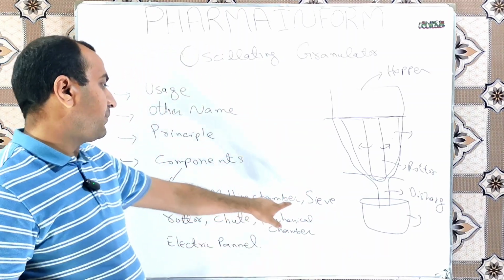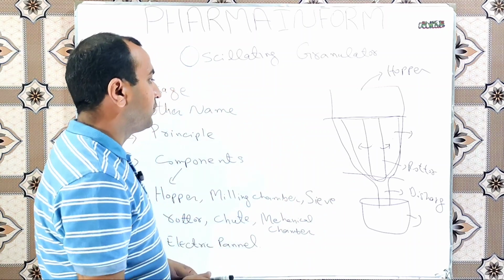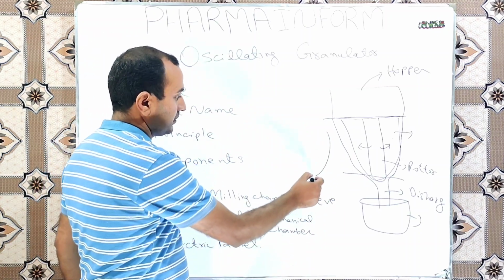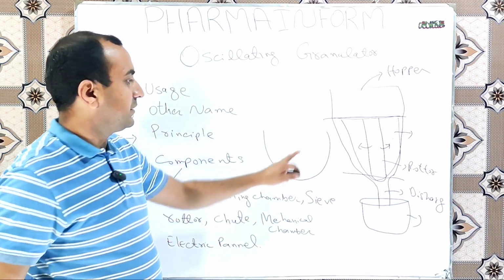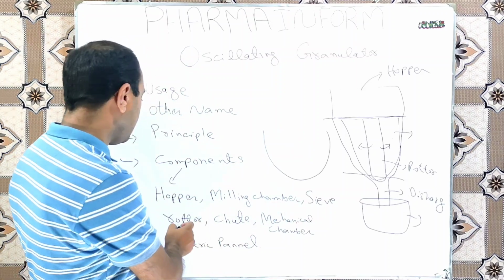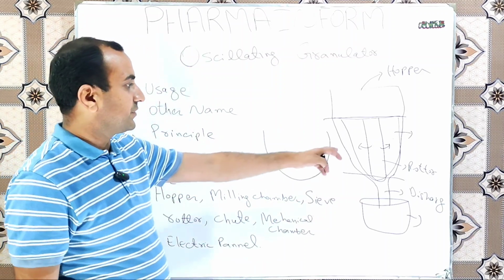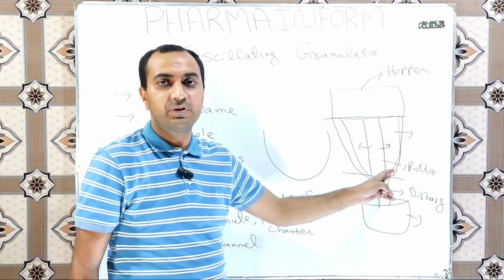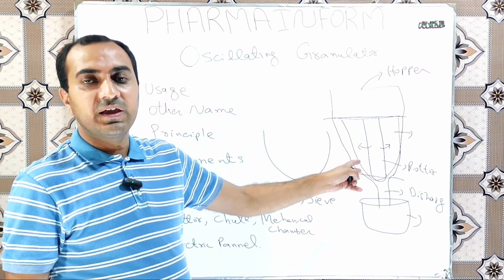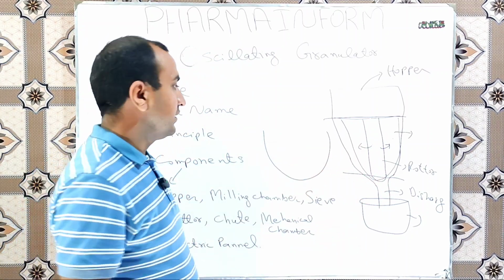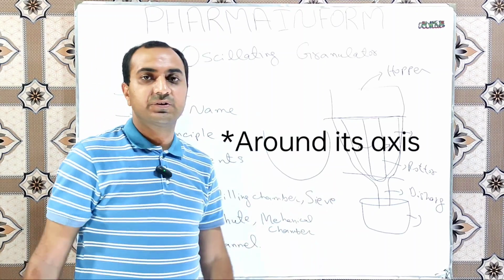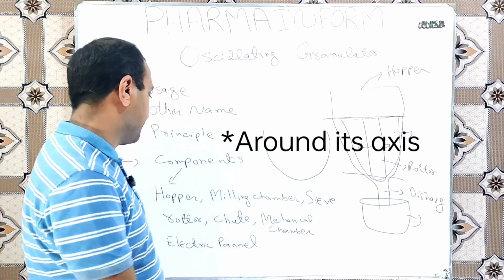So this is the milling chamber. The sieve is a half moon shape sieve, meaning we apply the sieve in this pattern. Next one is the rotor. As we discussed, the rotor is a long shaft. It has 5 edges and it rotates around its edges and applies pressure over the granules to crush them.